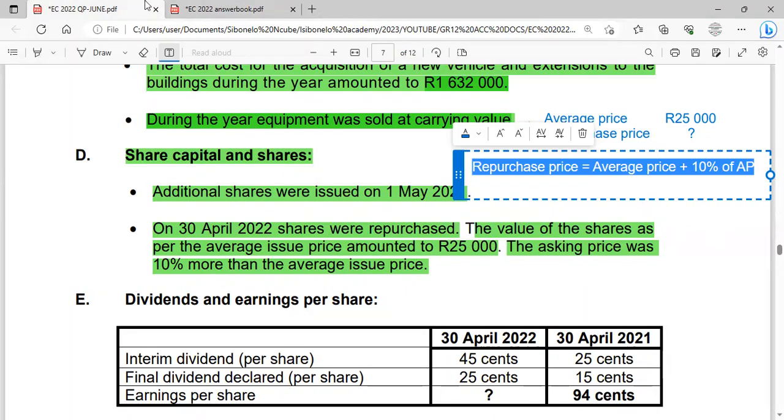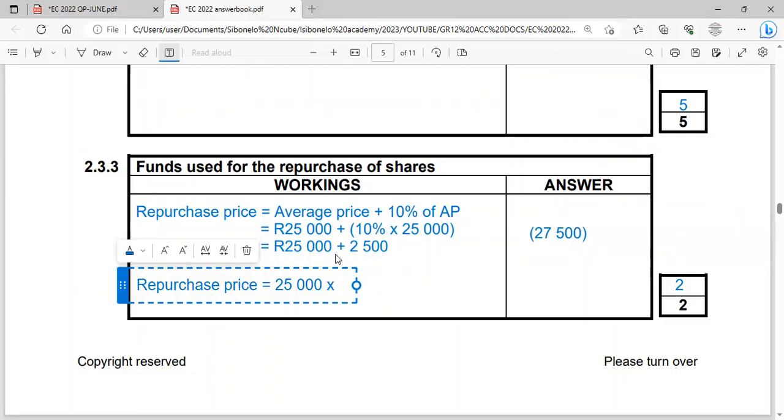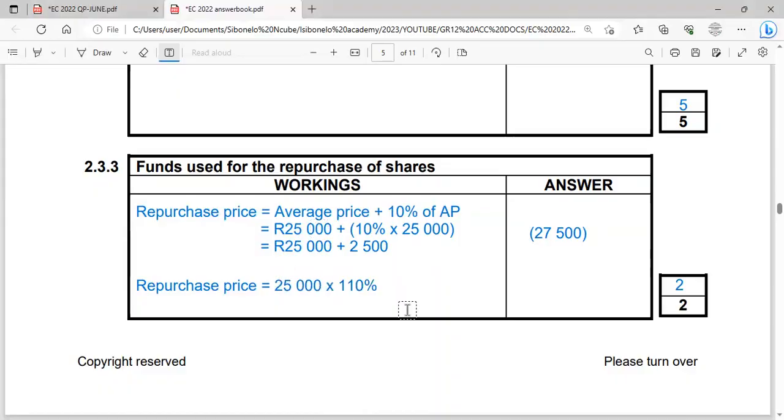So from 100, you add the 10, you will get 110. So you simply multiply by 110%. So still this will give you 27,500. So 25,000 times 110%. So this still gives 27,500. So it's up to you which method you understand better.